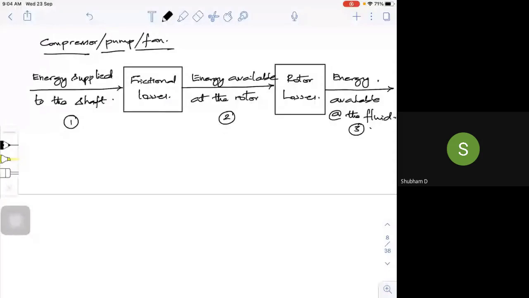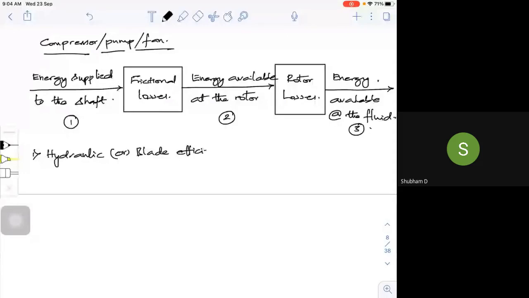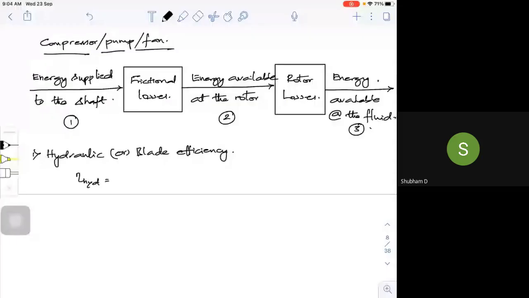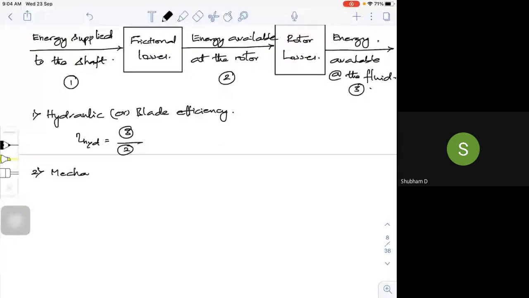The first one is split as the hydraulic efficiency, or vane efficiency. Here, it is the energy available at the fluid to the energy available at the rotor, so it's 3 by 2. The other is the energy available at the rotor to the energy available at the shaft.